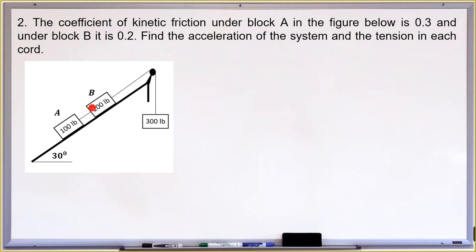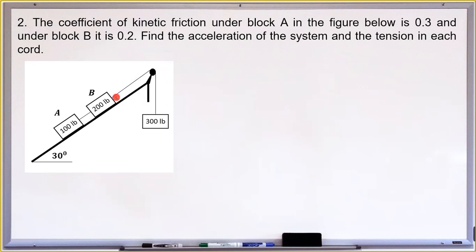So again, for problem number 2, there is friction. For block A and the surface, 0.3 is the coefficient of friction. For block B and the surface, 0.2. So the requirement here is the acceleration of this system and also the tension in each cord.